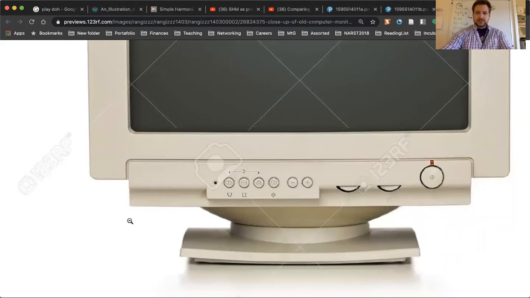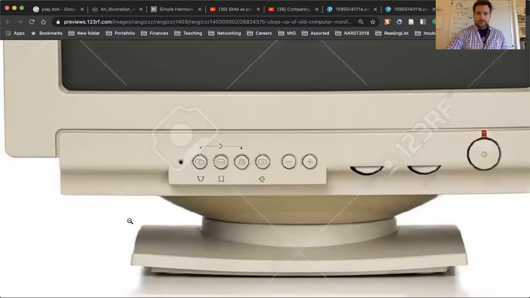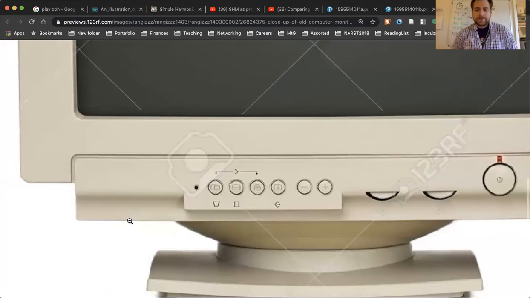Let me zoom in a little bit more here. These buttons talk about the horizontal shift of the screen in the tube, the width of the screen, the vertical positioning of the screen, and the vertical size of the screen.